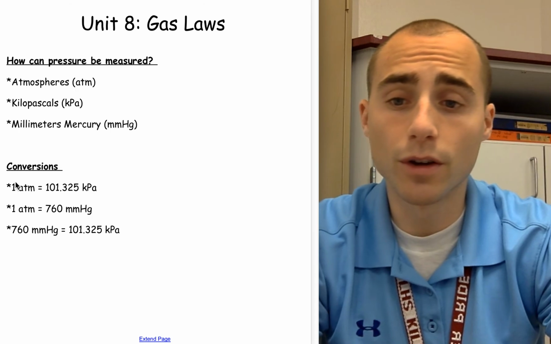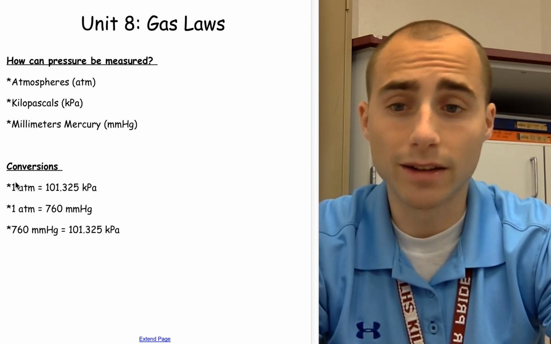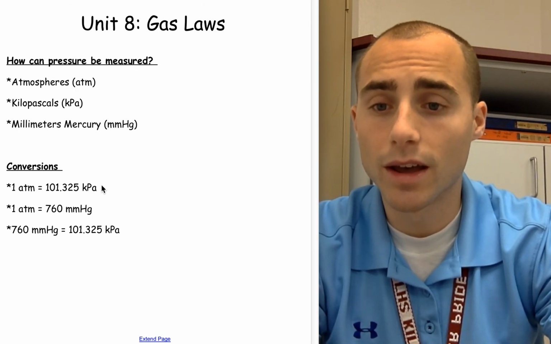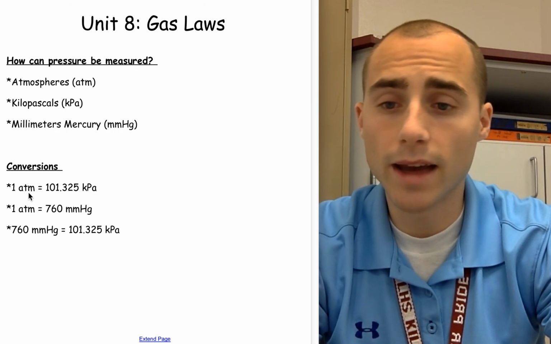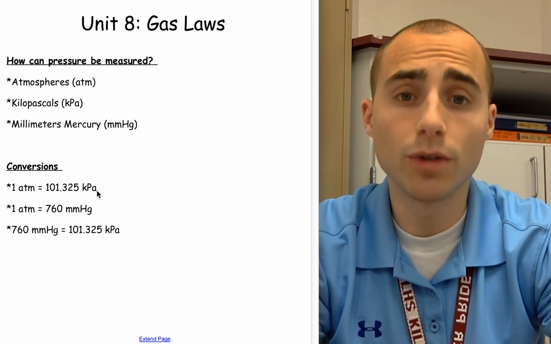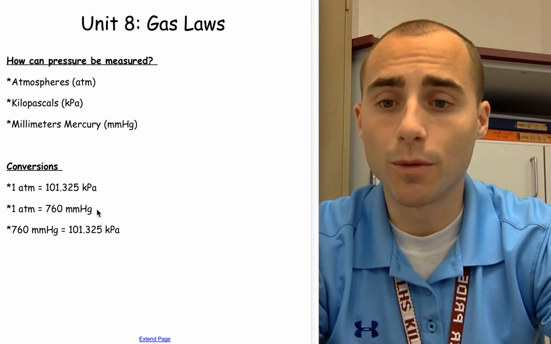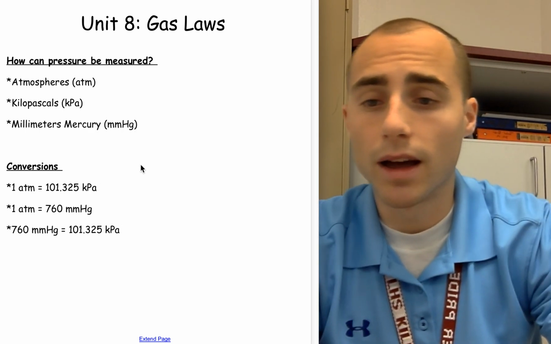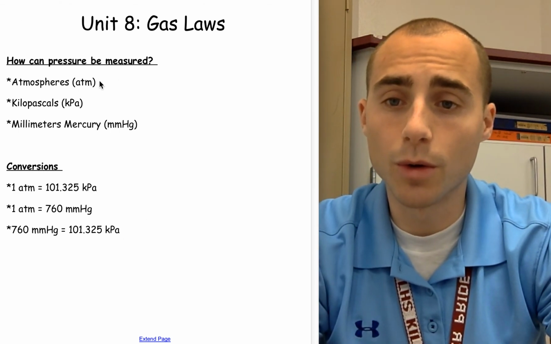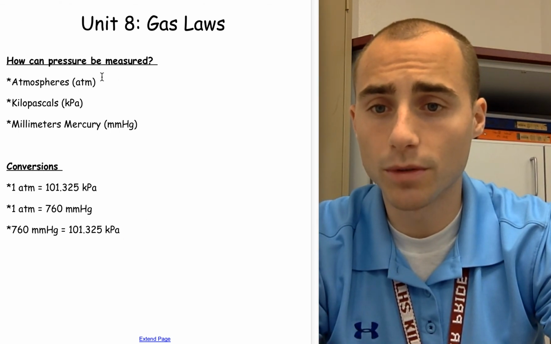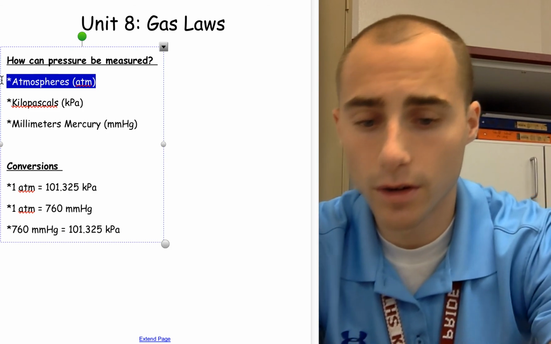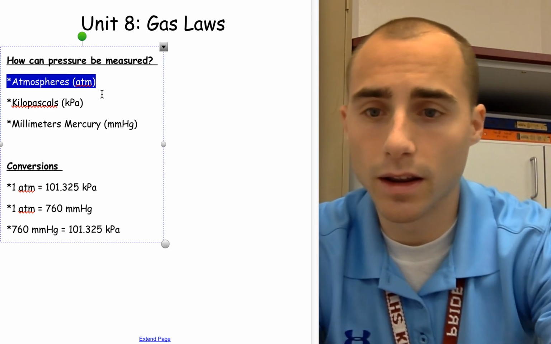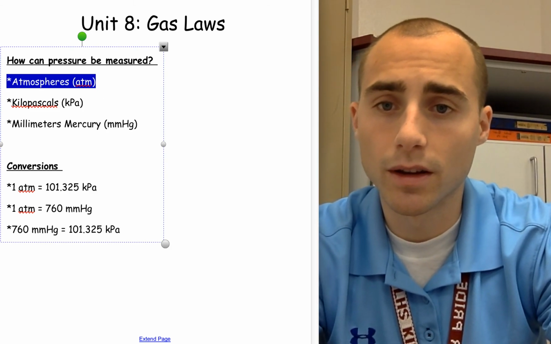And you can just convert using dimensional analysis. We'll practice conversions, but make sure you know 1 atmosphere equals 101.325 kilopascals, and 1 atmosphere equals 760 millimeters of mercury. That's going to get us off to a good start. Always, most important thing, you always want to measure in atmospheres.